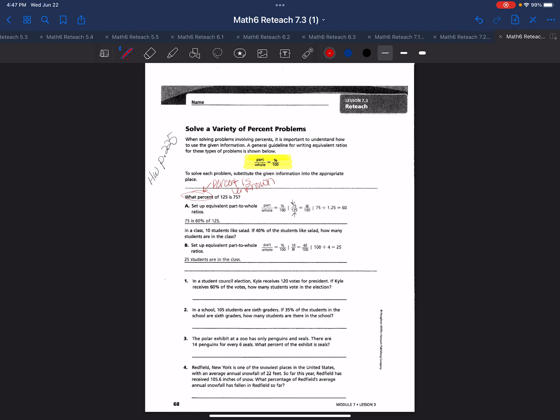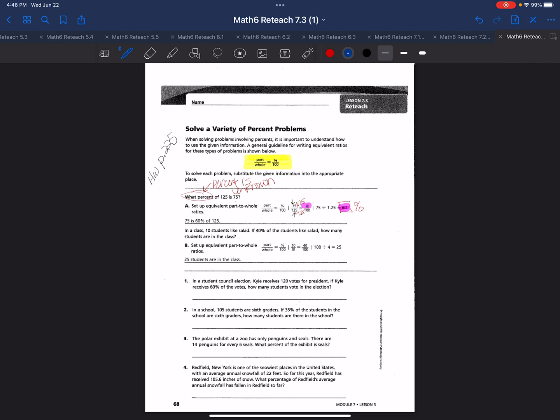So I know that I am dividing by 125. So 75 divided by 125, 1 and 2500, equals what? It equals 60. And this here is your percent. So when you get 60, that goes back into the problem right here, which is your percent. 75 is 60% of 125.